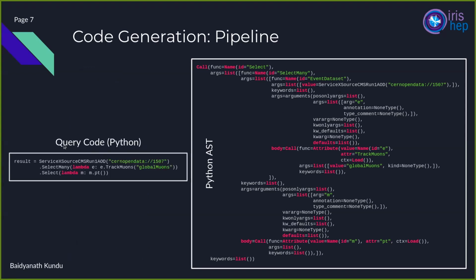So this is the query code, and this is the AST that is generated from the query code. You can see the Select, MiniSelect. These are parts of LINQ, and Global muons, track muons, these are specific to the CMS software stack.